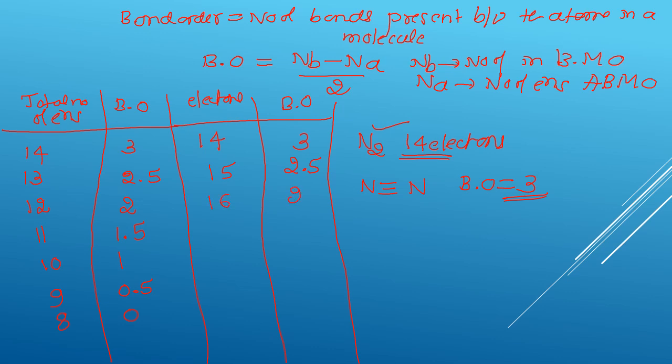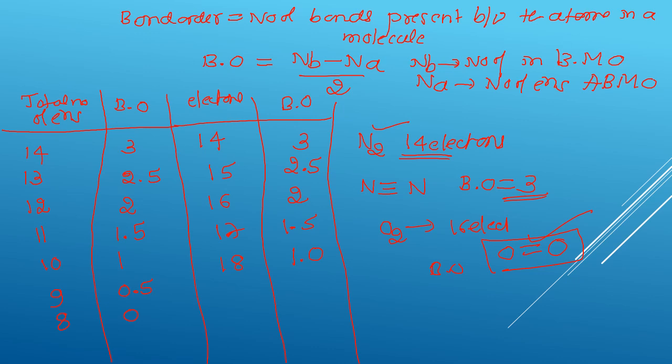That is true in the case of the oxygen molecule, which has 16 electrons. Bond order is 2, which means the two oxygen atoms are bonded by a double bond. If it is 17, then the bond order is 1.5. If the total number of electrons is 18, the bond order is 1.